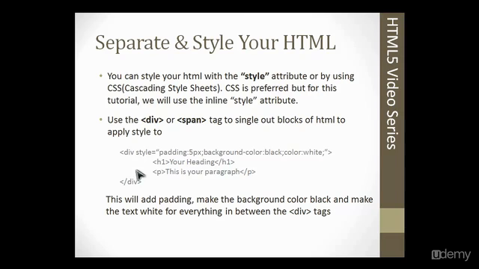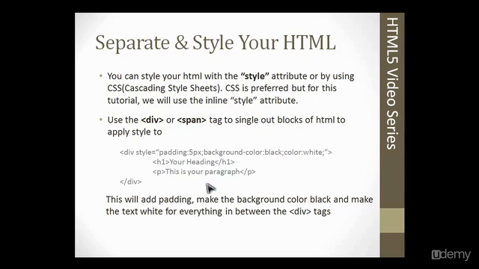And here we have an example. We're using the div tag and the style attribute, and then we have the selectors and the values. So we have padding, which is 5 pixels. First of all, what we have here is an H1 heading and a paragraph, very simple, wrapped in the div tag with padding of 5 pixels, a background color of black, and color of white.